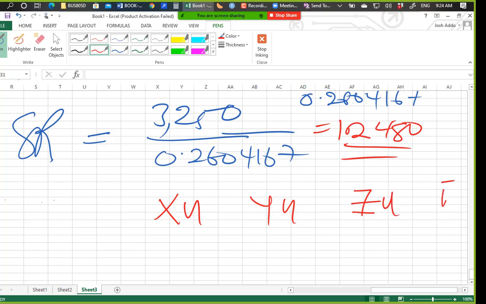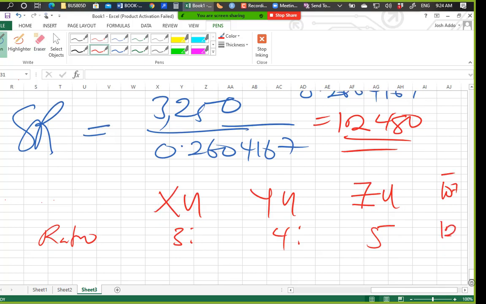Let me even bring the total here. XU's representation of this total. Because, okay, let me write the total ratio. So ratio is 3:4:5. Is this correct? Giving us total ratio of 12. Please confirm the figures for me.